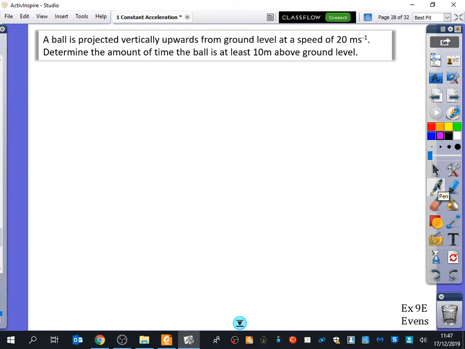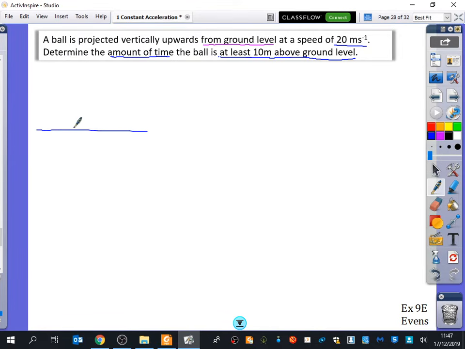It says a ball is projected vertically upwards from ground level at a speed of 20 meters per second. Determine the amount of time the ball is at least 10 meters above ground level. So I'm going to draw a quick diagram of what's happening here.